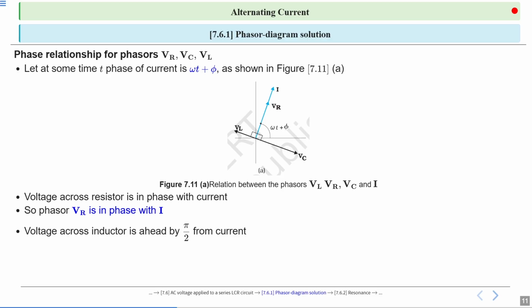So current is like that, and we measure the angle in the anti-clockwise direction. So from the current phasor, there is a phase difference of pi by 2 between VL and I. So VL is ahead of the current by pi by 2. Now phasor VL is ahead of I by pi by 2, as shown in the figure.